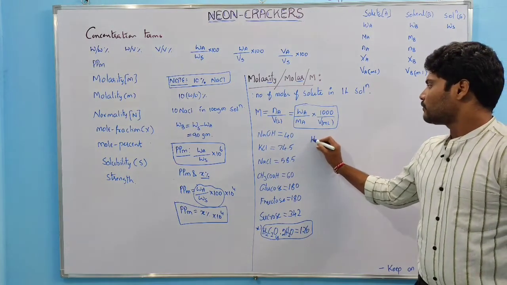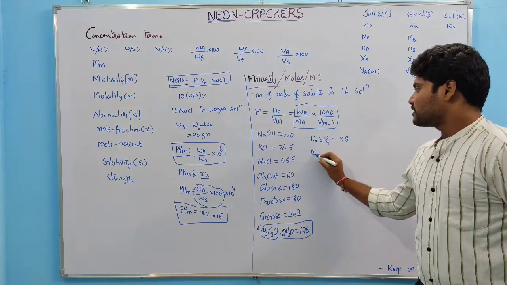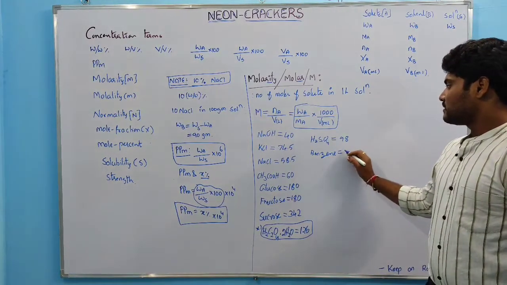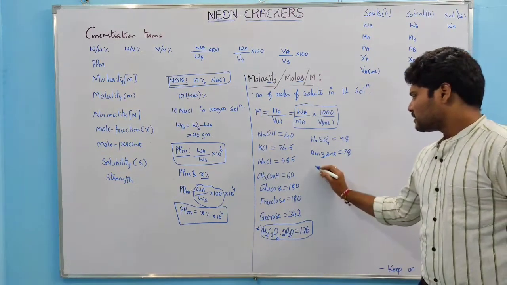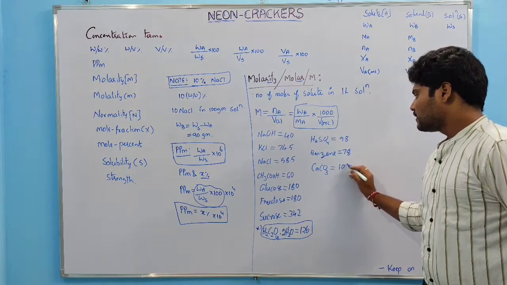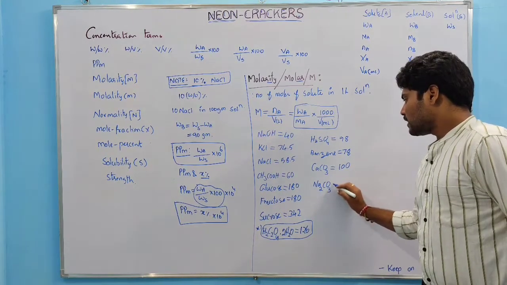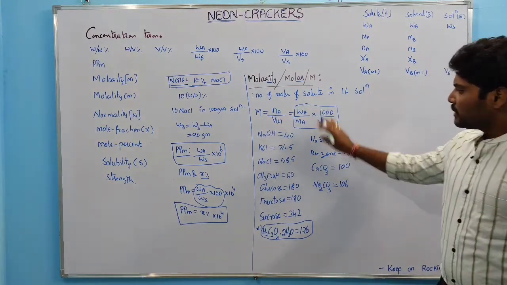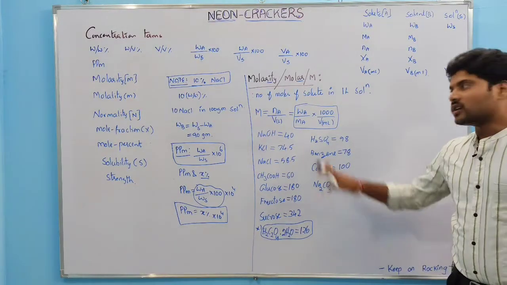Next one, H2SO4 is 98. Next one, benzene, C6H6, 78. Like that, many other compounds are there. Suppose you take calcium carbonate, 40 plus 60, 100, right? And Na2CO3, sodium carbonate, 60 plus 46, 106. So these are the major salts or non-electrolytes which are repeated in solution or concentration terms.